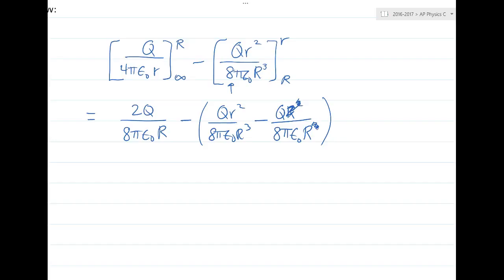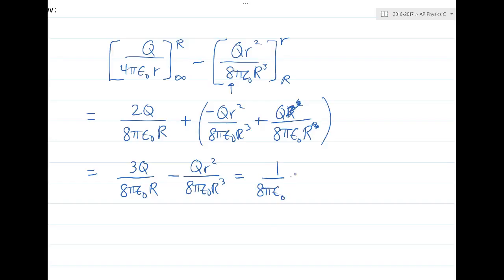And then this is going to cancel. And then what we're going to have is essentially, we'll do plus minus plus. You're going to see that we have 3Q over 8 pi epsilon naught R minus Q r squared over 8 pi epsilon naught R cubed. Now we're just going to factor out of this a 1 over 8 pi epsilon naught, and then Q over big R, and we're going to be left with 3 in that first term minus little r squared over big R squared.